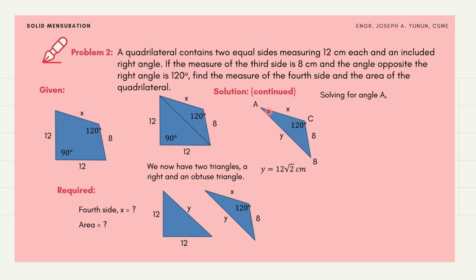Solving for angle A using the law of sines, just use a over sine A equivalent to b over sine B. I substitute those values: 8 over sine A, which is the angle opposite this side, will be equal to the given 12 square root of 2 over sine of the opposite angle, which is 120. Simplifying that, we arrive at these values.